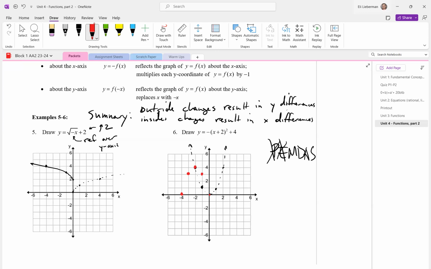Well, on my original graph, I had 1, 2, 3, 4, 5 points, and on the transformation there's also 5. You could put in more if you like, but just whatever you had originally. At this point for these transformations, just whatever you start with, finish with. You don't have to add anything else unless you feel compelled to. Thank you though for asking. And then from here, just connect them smoothly, make that upside down parabola. Nicely done, Chloe.